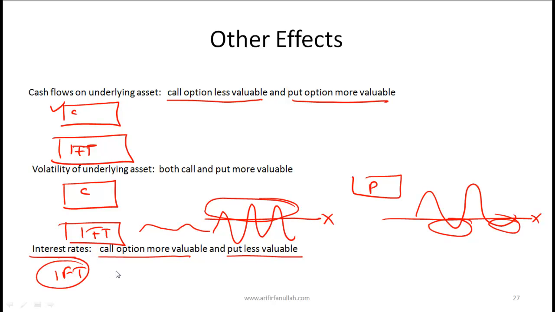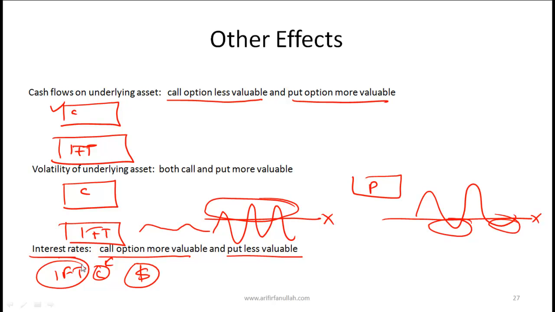If interest rates are high, then essentially by buying call options on IFT rather than actually spending money and buying the stock, you still have managed to get a positive exposure to IFT, and the money that you have saved by buying call options rather than buying the stock, you can invest at a higher interest rate, and that obviously is beneficial.